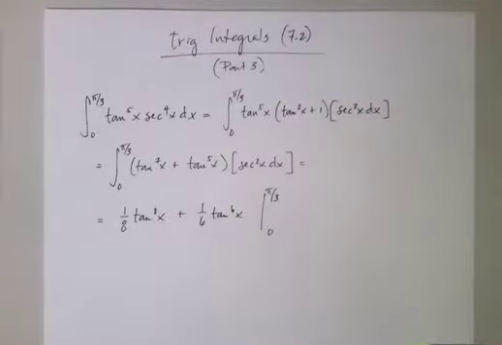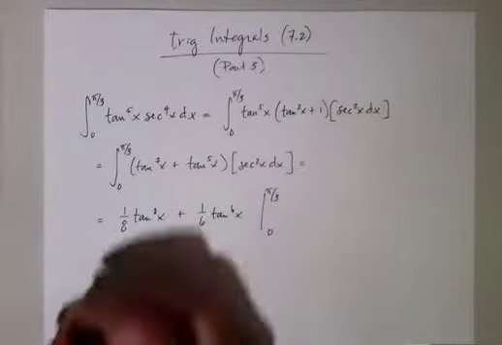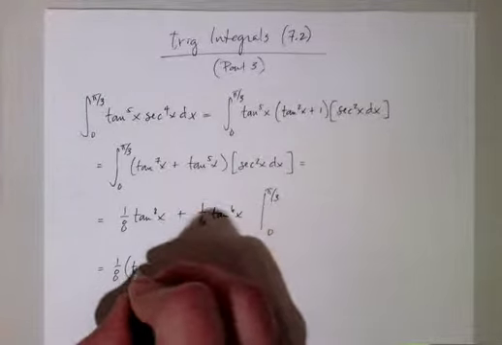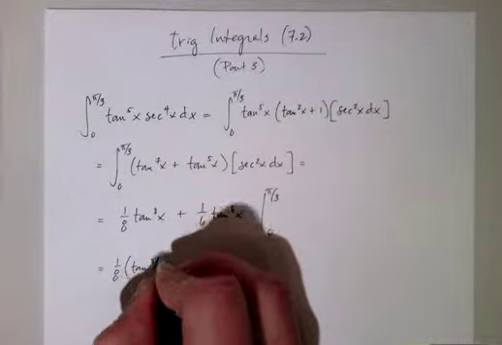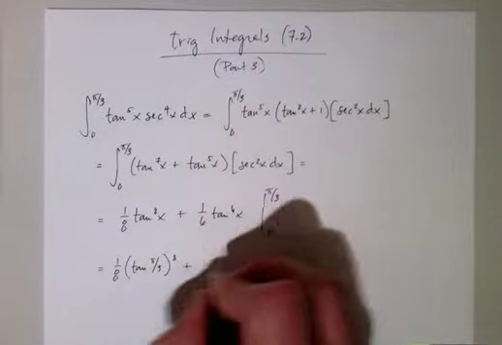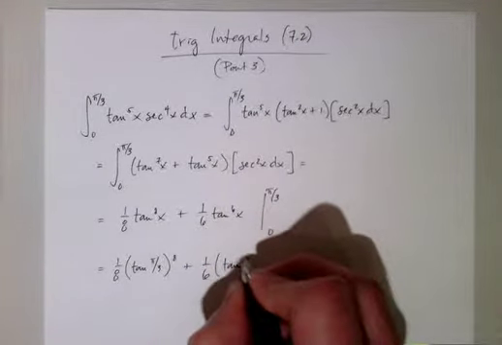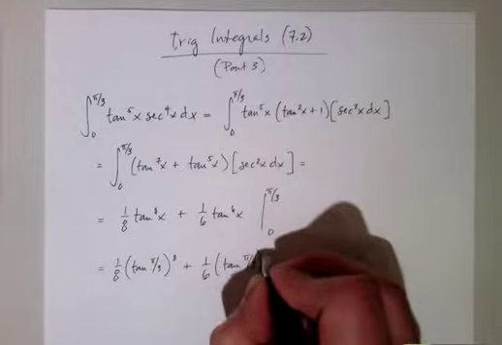Well, the 0 makes this a little bit easier because when I plug in 0 for tangent, you don't have to raise it to the 8th or the 6th, it's just 0, right? So I only need to occupy my mind with what happens with tangent of pi over 3, because that's the number that I'm then going to raise to the 6th and to the 8th power.